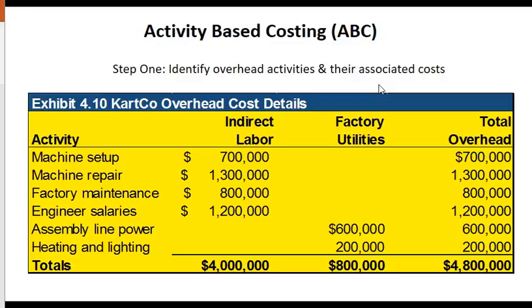But anyhow, here's a listing of overhead activities, and here we see total overhead. And these are the activities that produce the overhead. We have machine setups, machine repair, factory maintenance, engineering salaries, and so forth. And we have classified them as indirect labor and factory utilities, but these all basically enter into factory overhead.